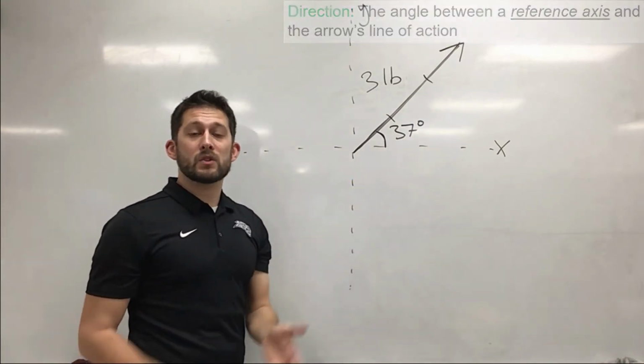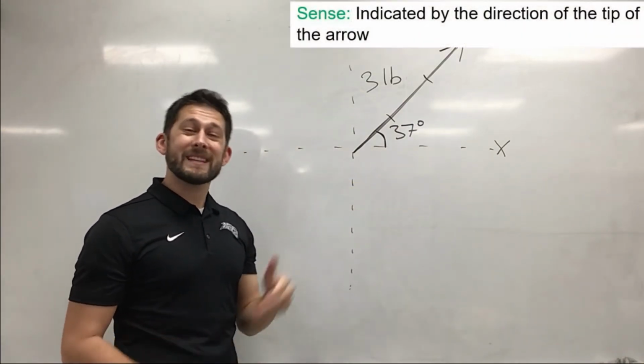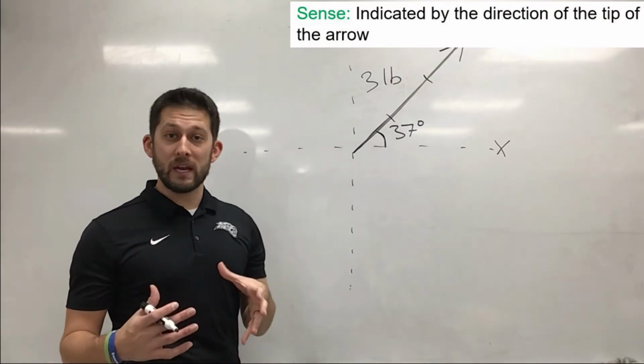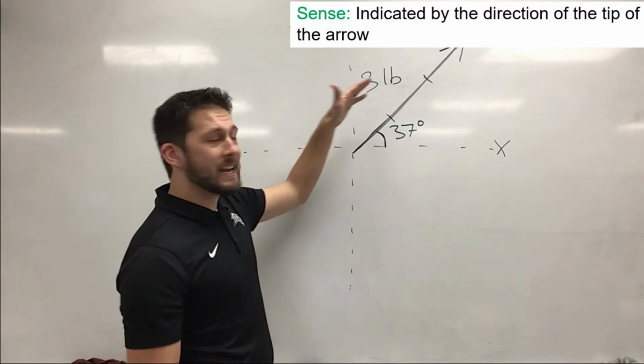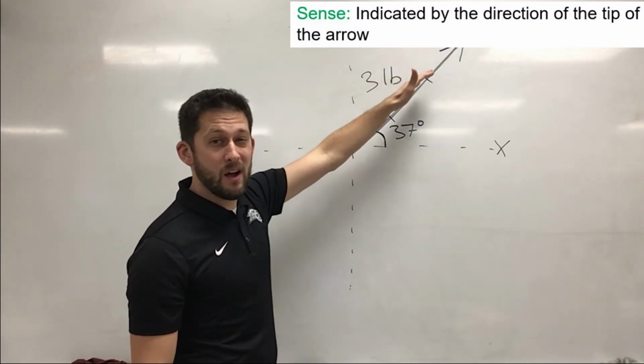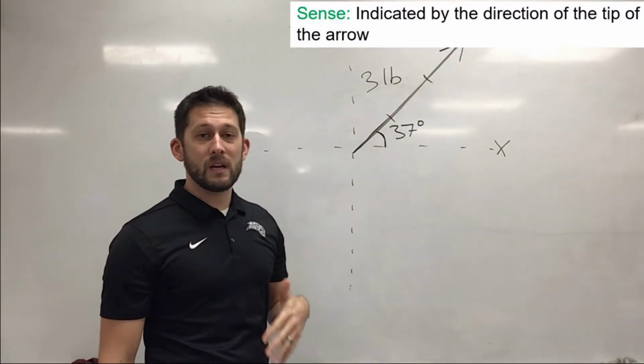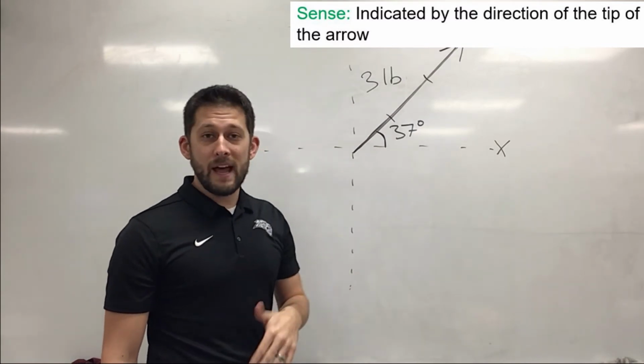The third thing to describe vectors is what we call the sense, and this is going to help us break them down into force components. The sense gives an idea of the direction of our vector in terms of left and right and up and down.